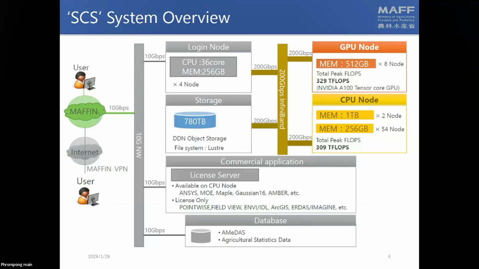AMeDAS data from the Japan Meteorological Agency and historical statistical data are available from the database. Users can access this data from compute nodes or their local machines.